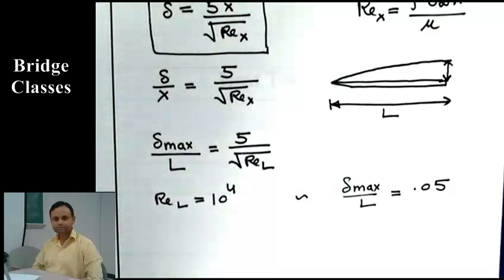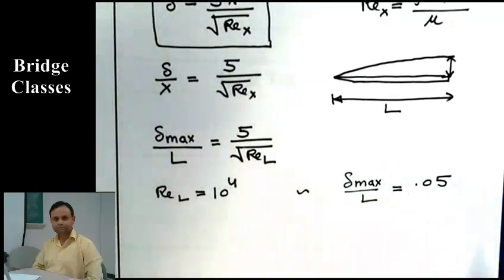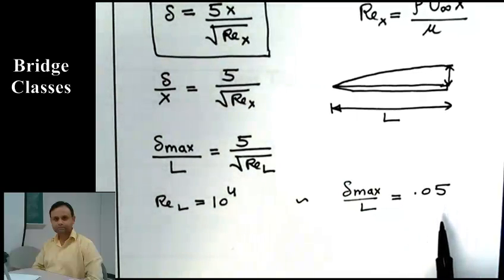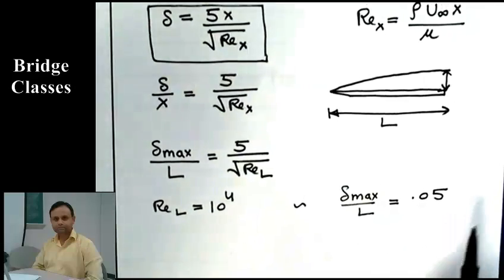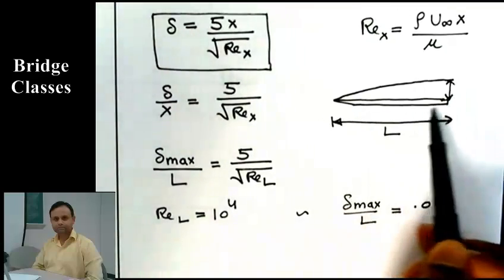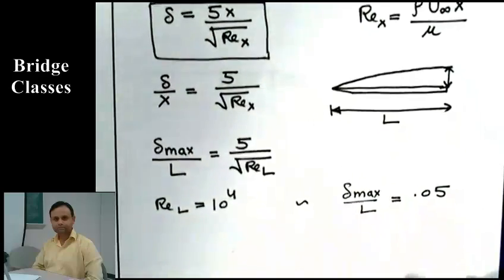It will be just 0.05. So the maximum boundary layer thickness in comparison to the length of the plate is 5%. Can I call it thin? This is 5% of the length of the plate, so you can call it thin, it's fine.